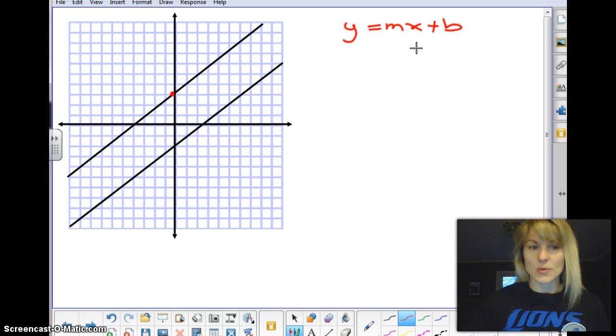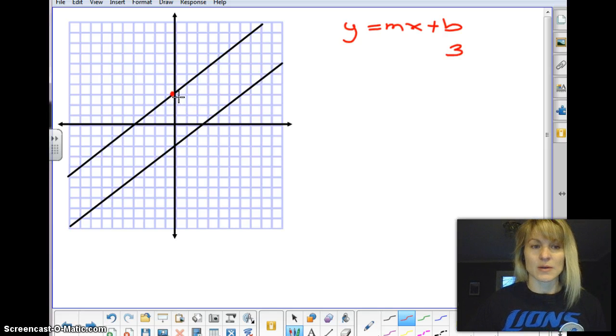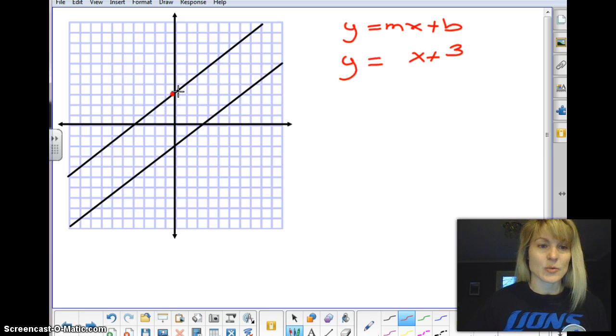So I know b is the y-intercept, so I'm looking at this line, 1, 2, 3. 3 is my y-intercept. My y and my x stay there, and now I have to figure out my slope. So I just look at 2 points, goes up 1 over 1, up 1 over 1, up 1 over 1. So it has a slope of 1, okay?